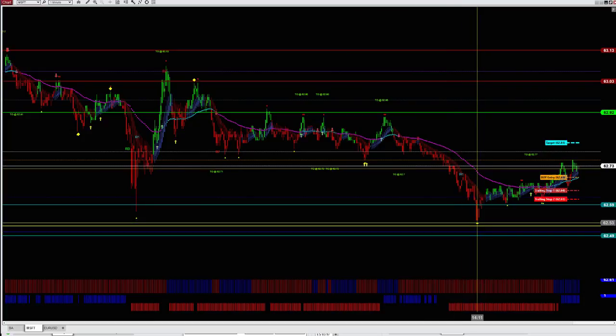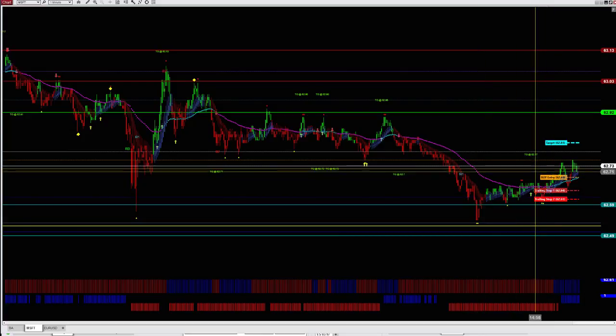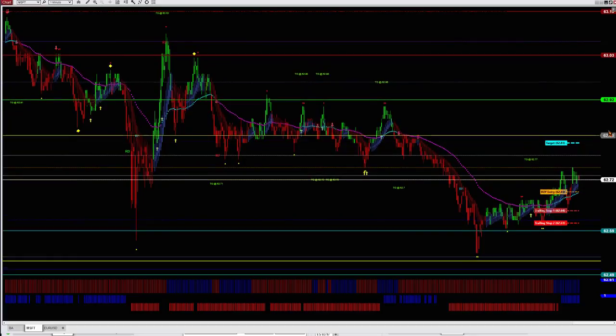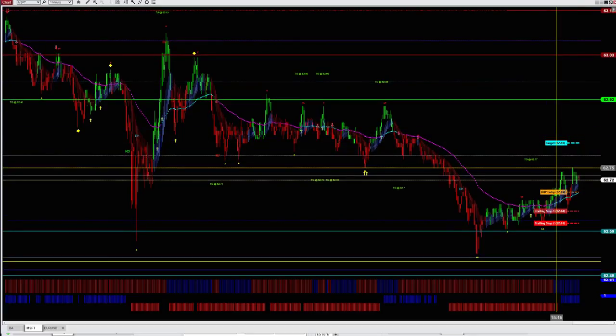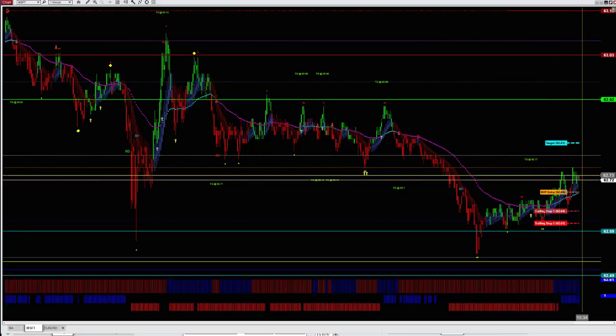And the same thing happened today by confirming support area at 62.53. And you can see how even those zones came in exactly in line with your resistance line at 62.75.